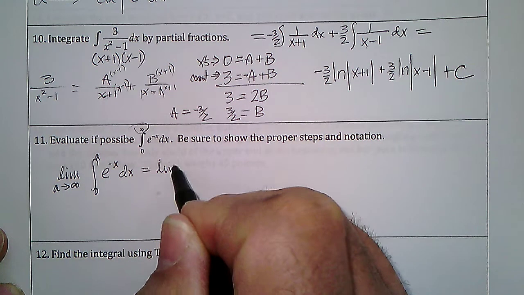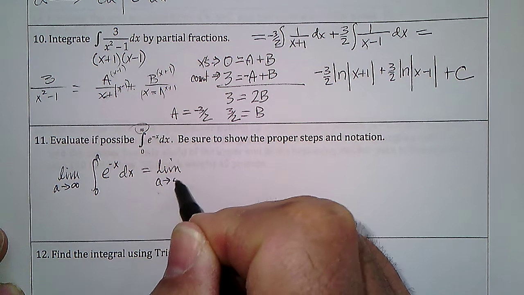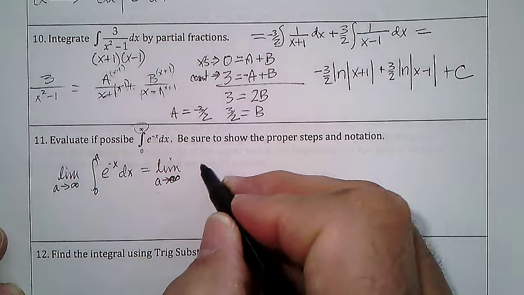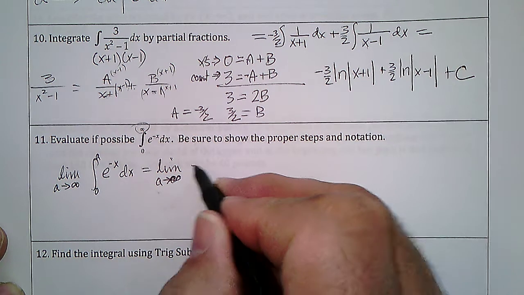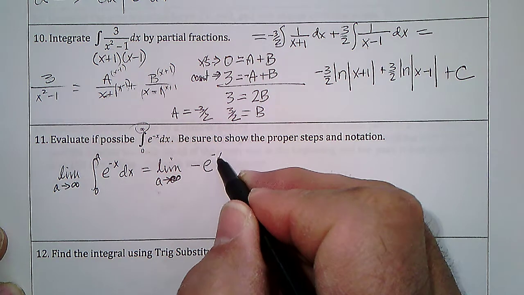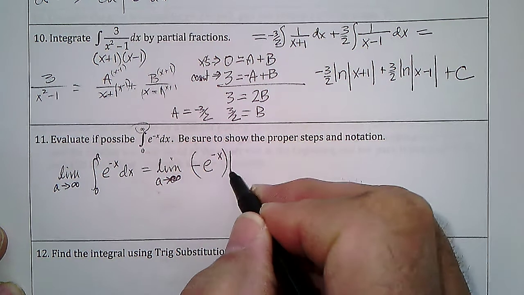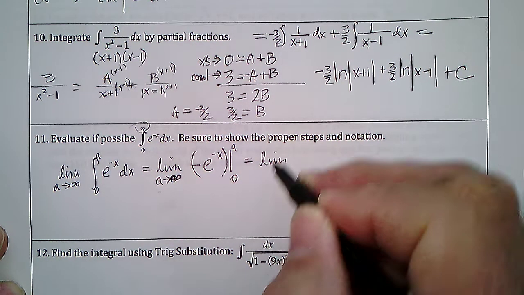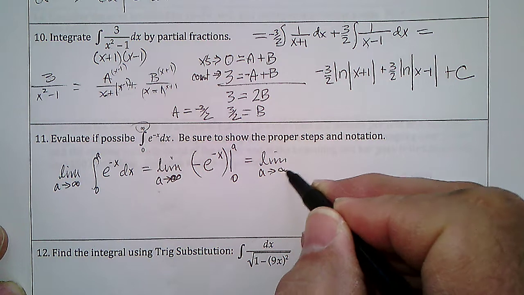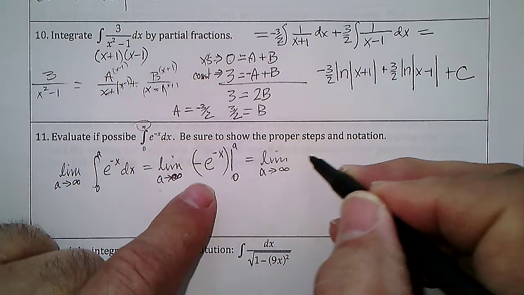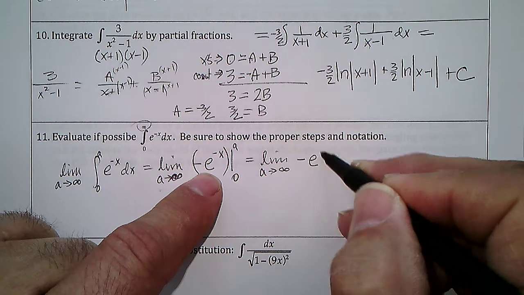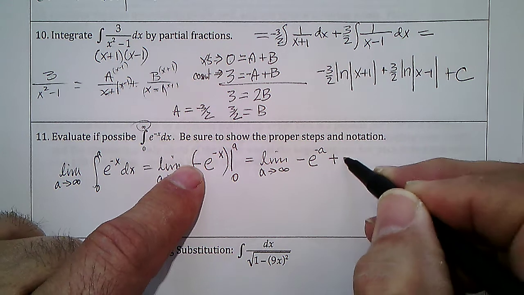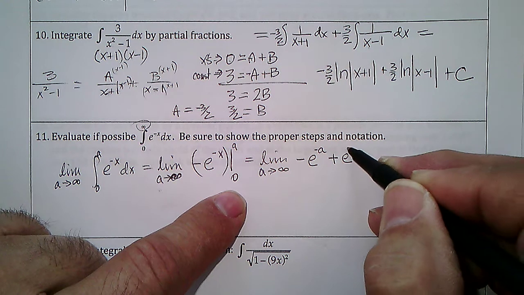We integrate. I had a little trouble drawing that time. And that would be negative e to the negative x evaluated from 0 to a. So we have the limit as a approaches infinity of negative e to the negative a minus, so it'd be plus e to the negative 0.